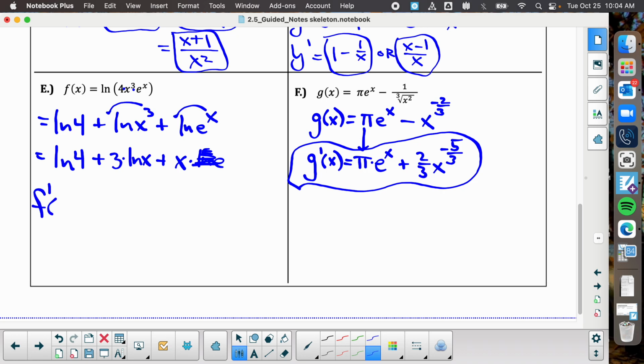So ln of 4 is just a number, like if you type it in your calculator. And the derivative of just a number is 0, so I'm not even going to do anything with it. I've got a scalar multiplier of 3, so that would follow into the derivative. Derivative of ln of x is 1 over x. Derivative of x is 1.